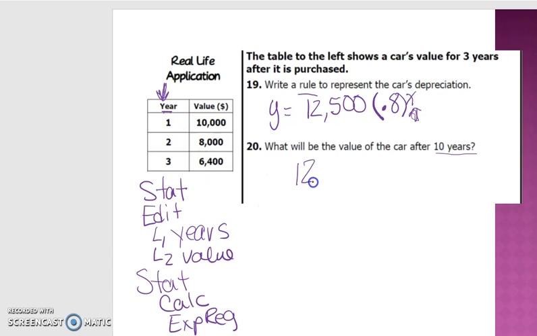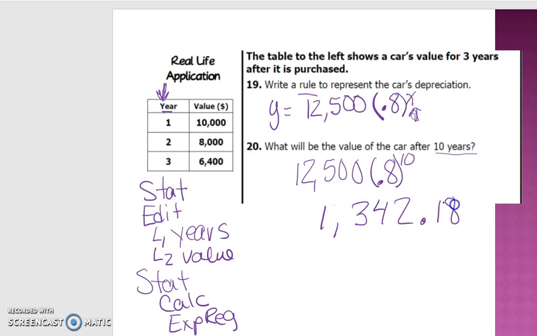So we're going to put in our calculator 12,500 times 0.8, and we're going to raise it to the 10. Okay? So let's see what we get. 12,500 times 0.8 raised to the 10. Okay? After 10 years, this car is worth $1,342.18.